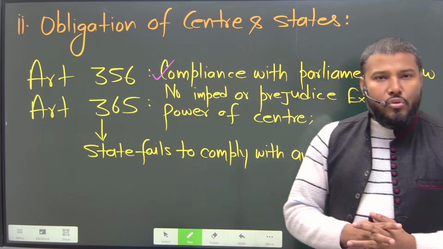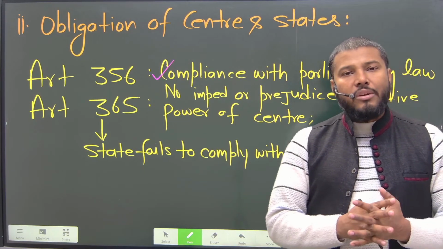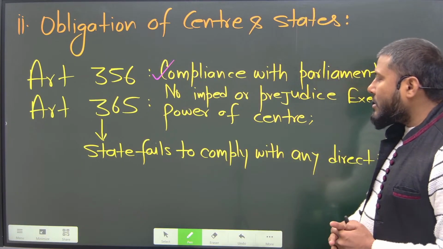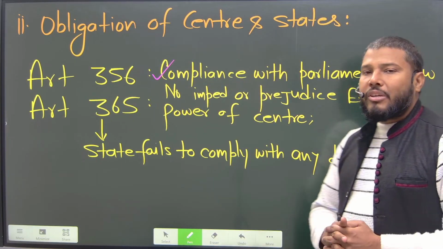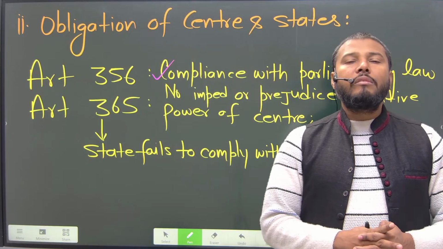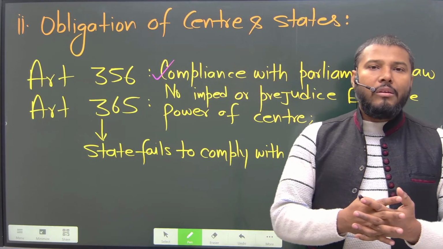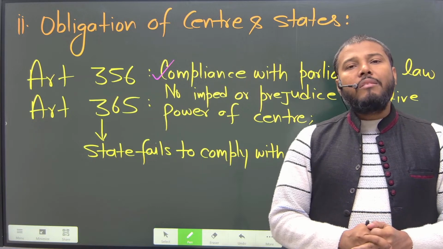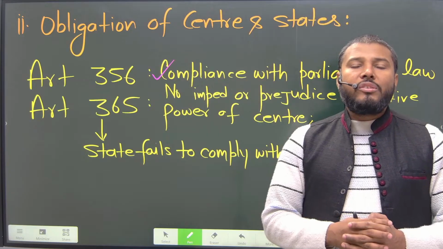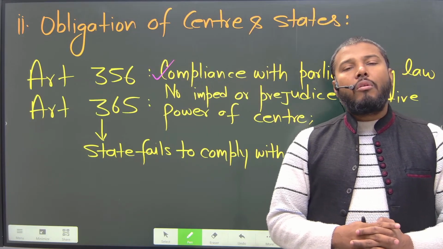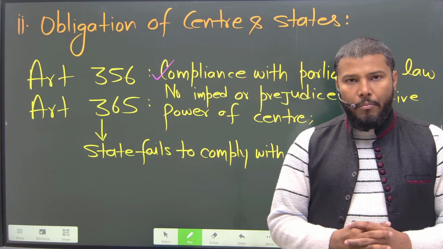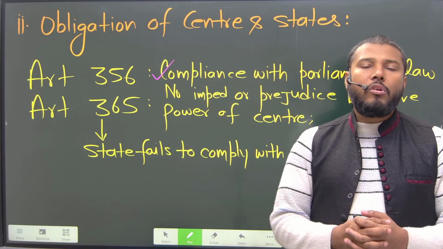Article 356, you know well, president rule. And Article 365 is about state fails to comply with any direction. When a state fails to comply with any direction of the union government, the central government, then the President of India assumes that the normal ordinary administration of the state government is not being carried out in accordance with the law, in accordance with the provisions of the constitution.